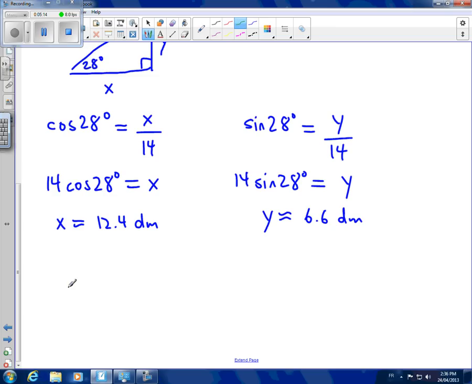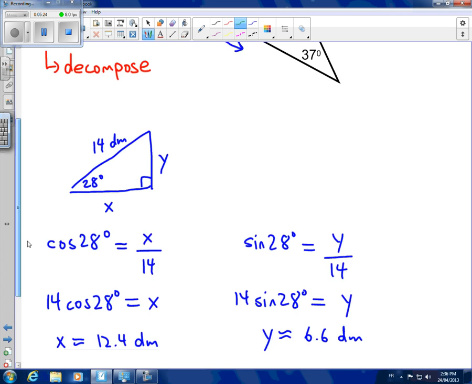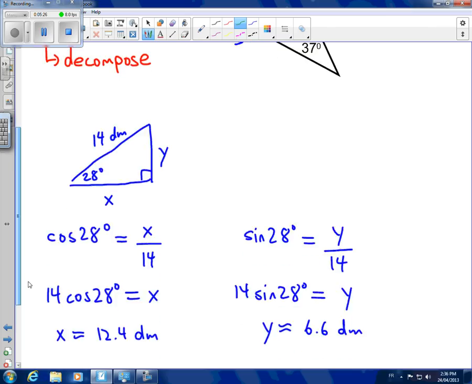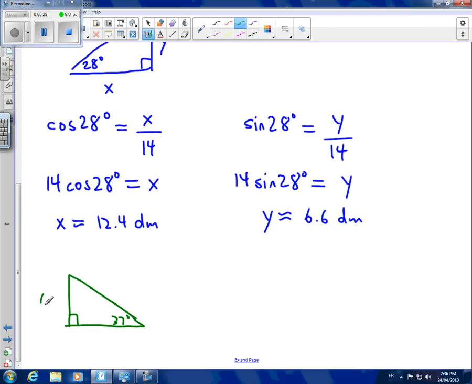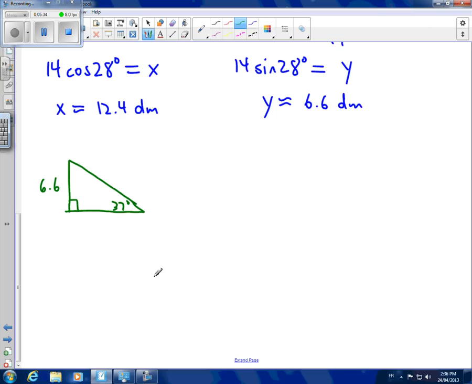The green triangle has a 37-degree angle and a right angle. You look at that and say, well, I've got nothing, except that we found y already. So y was this side, and that's 6.6. I should be able to find the hypotenuse and the adjacent side. In this case, I'm only interested in the adjacent side, which I've labeled W. W is adjacent to 37, and 6.6 is opposite 37. Opposite and adjacent is the tangent ratio.